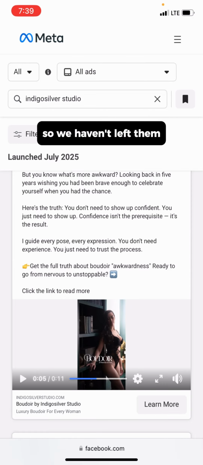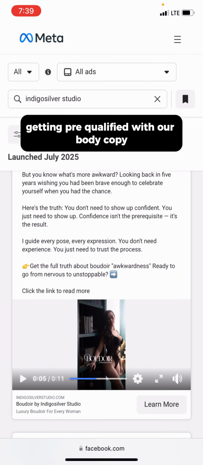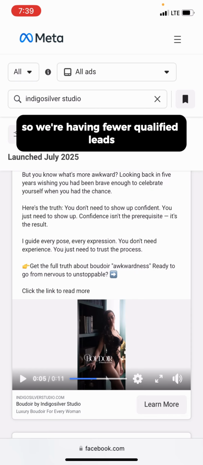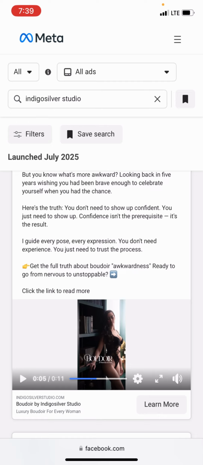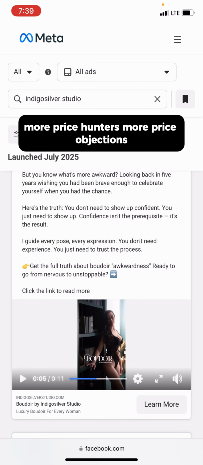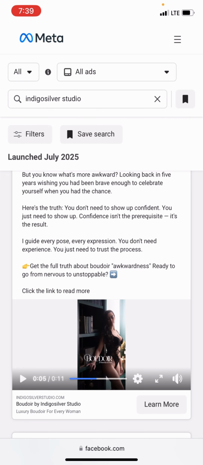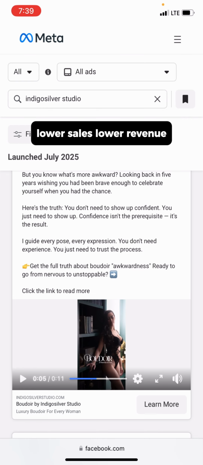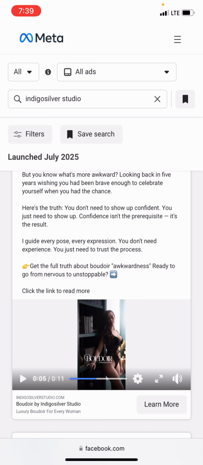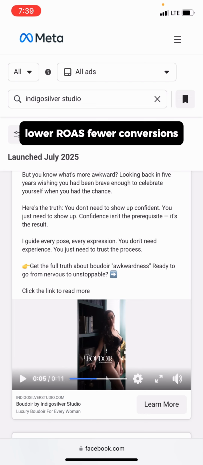So we're having less women getting pre-qualified with our body copy. So we're having fewer qualified leads, fewer qualified appointments, more price hunters, more price objections, more ghosting, more no answers, lower sales, lower revenue, lower ROAS, fewer conversions from tranche 1 women.